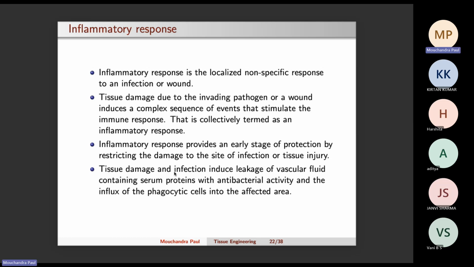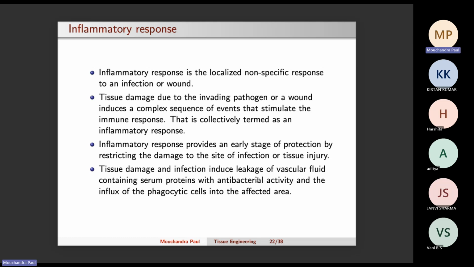The tissue damage and the infection induce some leakage of blood fluid, that is vascular fluids, that will contain some serum proteins. In the serum proteins, some complement factors, coagulating factors, etc., are present, as well as various proteins with some antibacterial activity, like if some bacteria has come, some antibacterial proteins will try to neutralize it.